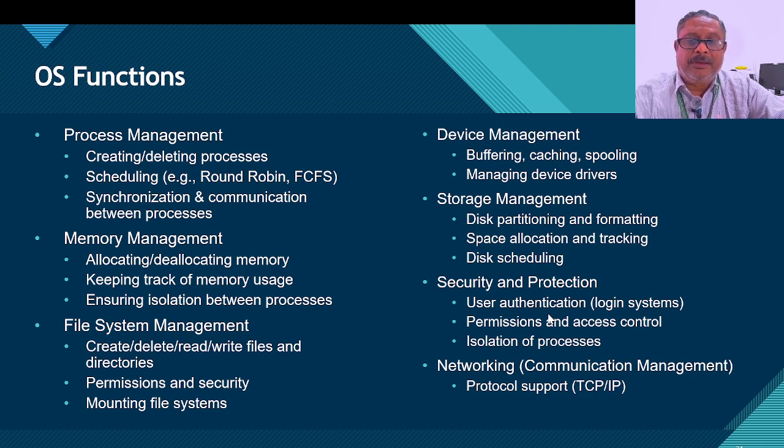And finally, the networking part, the communication management. So we need some protocols, some standards to be set for how two systems should communicate. An example is when a human is trying to communicate with another human.